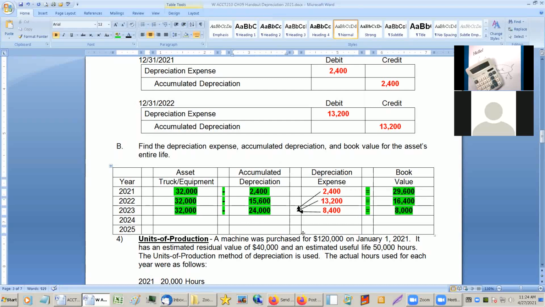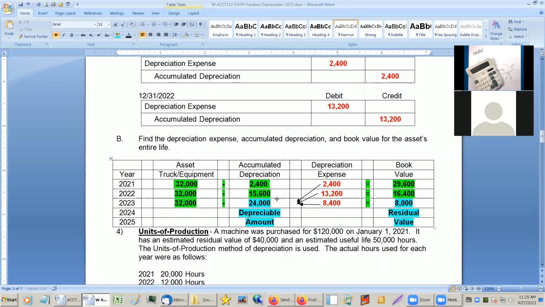So this is the depreciable amount, and this is the residual value. So at the end, it's going to be depreciated down by 24,000, and it'll be down to the residual value, to the 8,000.